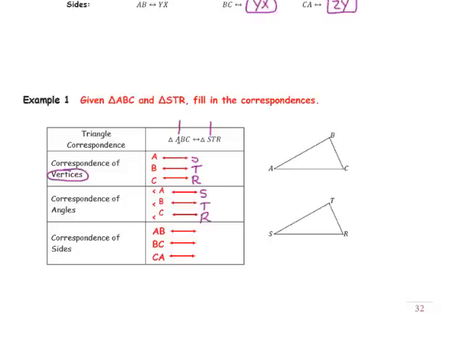AB, first two letters, that's right here, and that's corresponding to the first two letters, ST. BC corresponds to TR. And CA corresponds to RS. Okay, CA and RS.